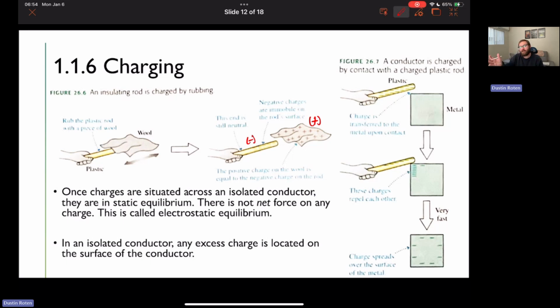Since the protons don't really move, that means electrons jumped over to the plastic rod. That's the case for an insulator, an insulating rod.